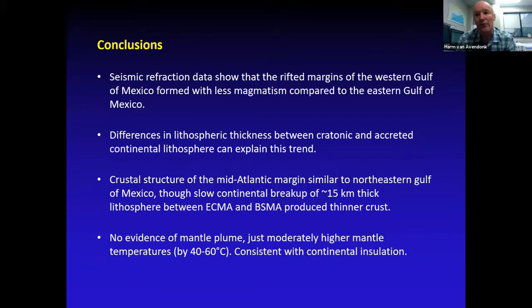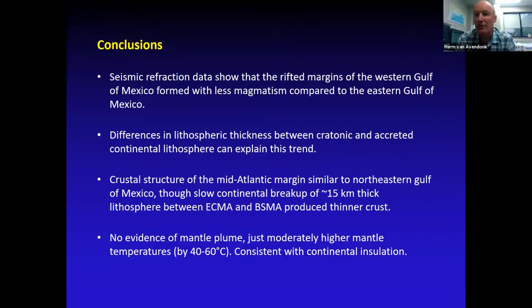The only real difference with the rifting in the Atlantic was that we have this very enigmatic, relatively thin, high velocity oceanic crust that formed really adjacent to the East Coast magnetic anomaly. And we think that means that the lithosphere was still thick, and it took a long time for the lithosphere to break in the opening of the Central Atlantic Basin.